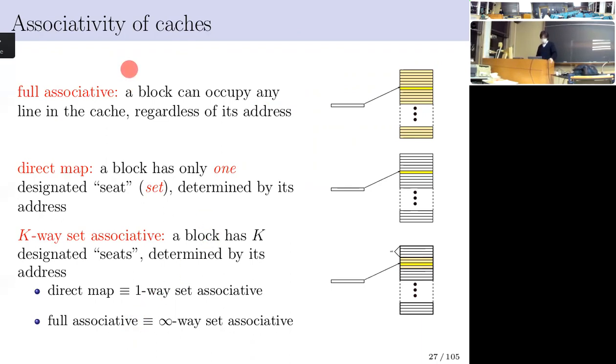And here's another element that makes the picture slightly more complicated. In a simple program you can pretty much ignore this, but at times you still have to know about it. This is something called the associativity of caches.